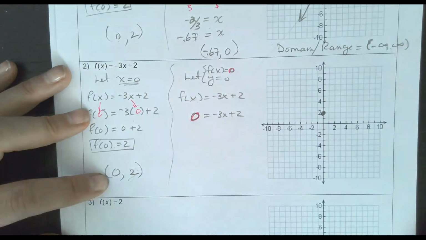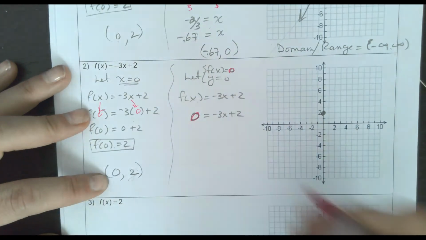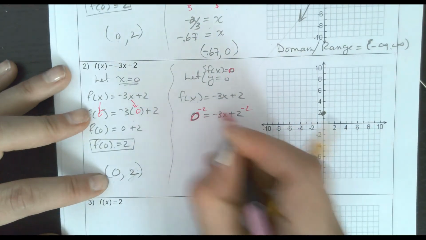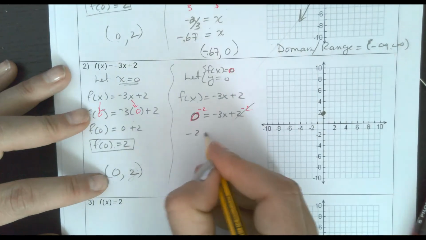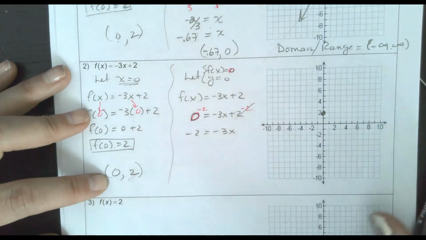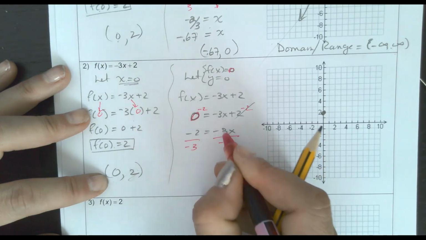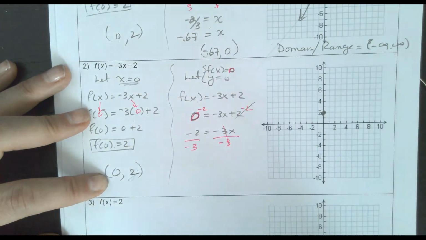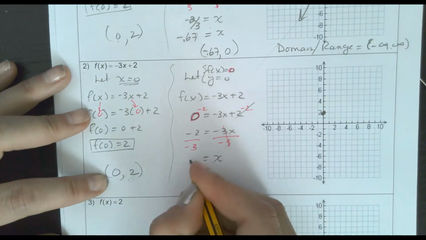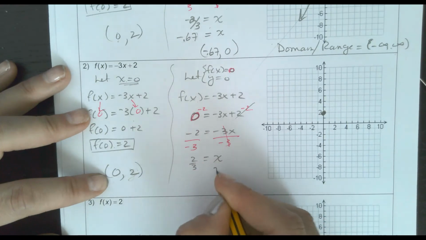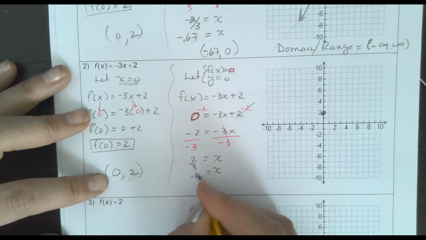And now I have to solve for x. So get rid of my 2. Get rid of my 3, negative 3, be careful. It has to be exactly same over same, don't forget your negative. So x is equal to 0.67.